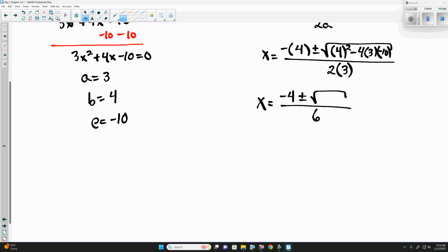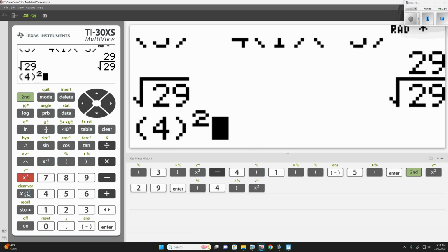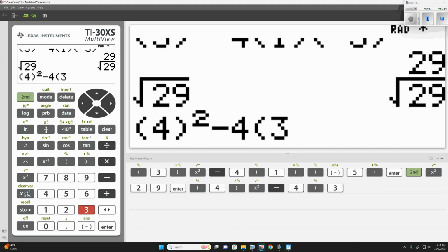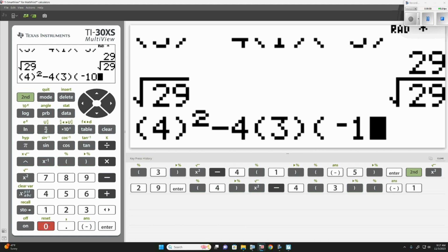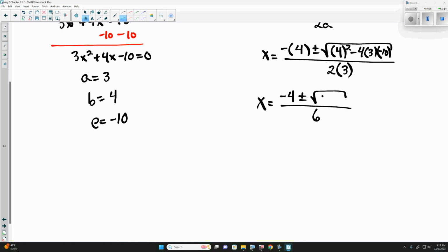I figure out what's inside the radical first before I take the square root of it. So we have 4 squared minus 4 times 3 times negative 10, which gives us 136. Any questions on this here?